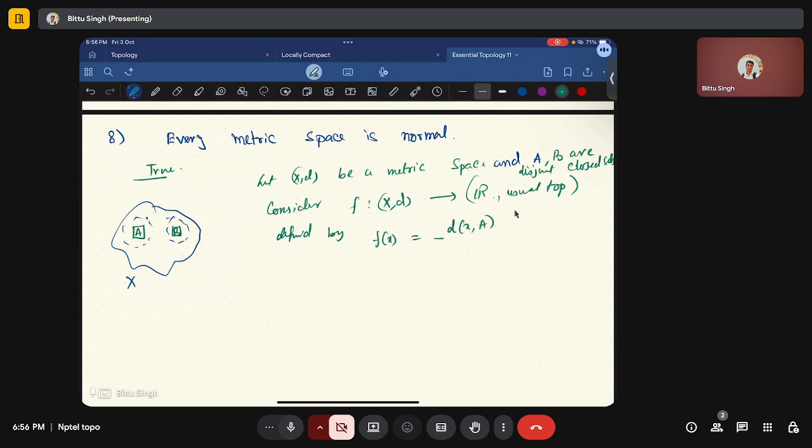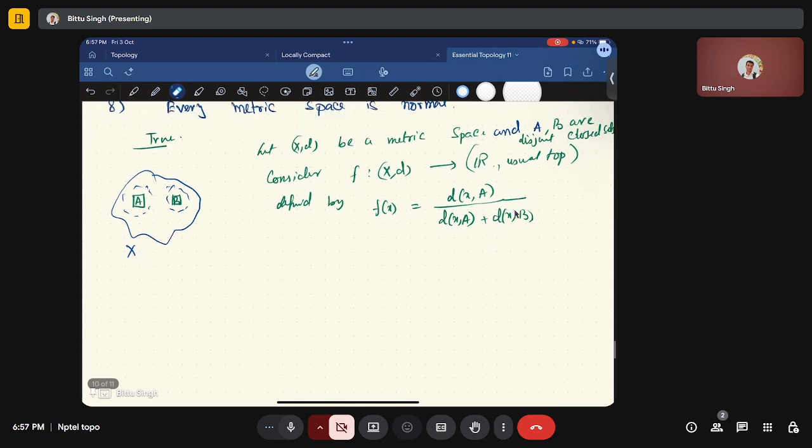Okay? So we define the function f(x) equal to distance from x to A over distance from x to A plus distance from x to B. Okay. So in this case, okay.